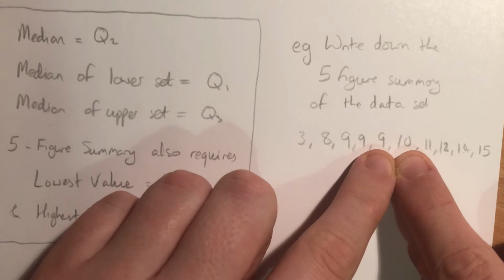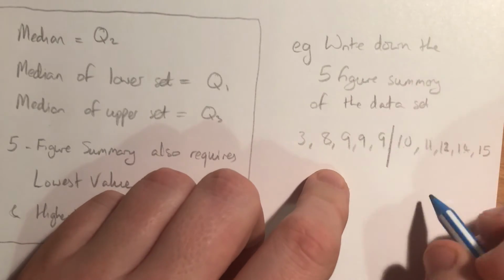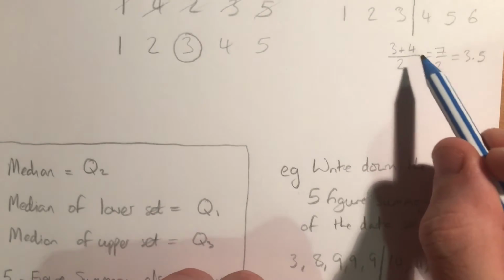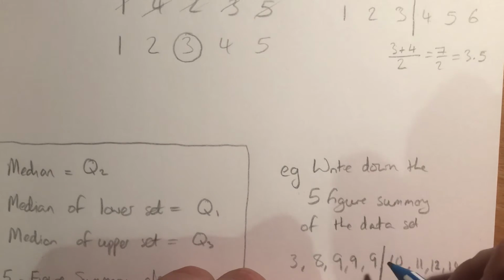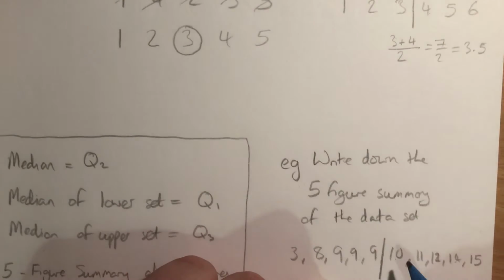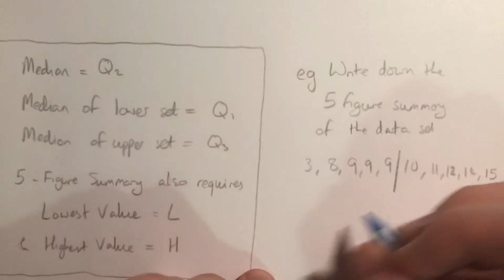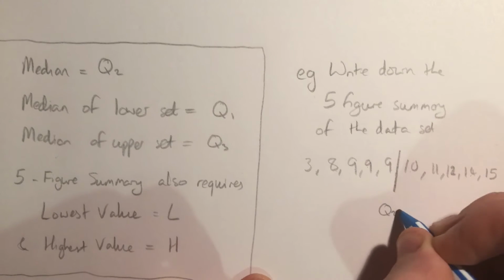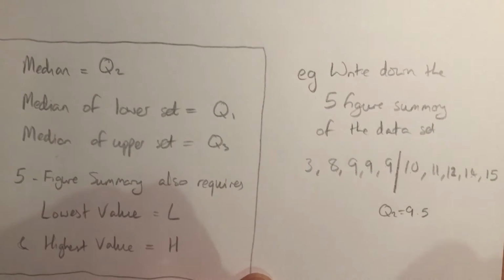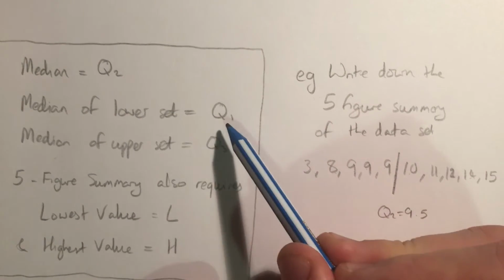The 9th and the 10th are in the middle, which means that the median must fall halfway between them. So remember what we said before, to work out the median, simply we can say this is going to be 9.5. 9 plus 10 is 19, half of that is 9.5. So Q2 is 9.5.